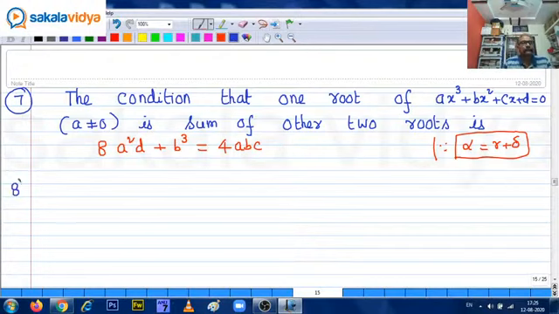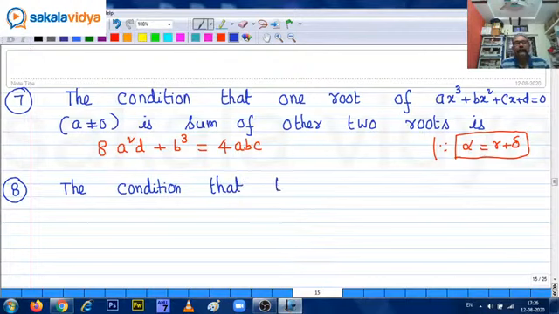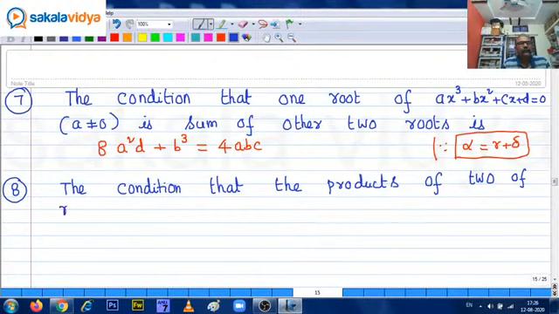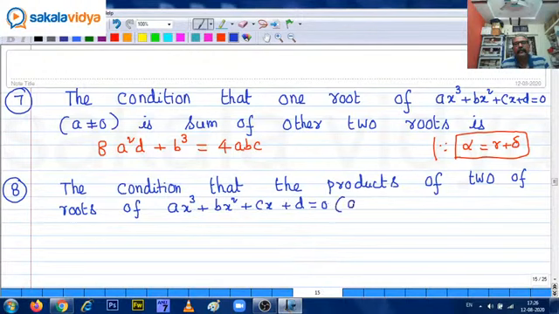Next, eighth one. The condition that the product of two of the roots of ax cube plus bx square plus cx plus d equals 0, a does not equal 0, is minus 1.